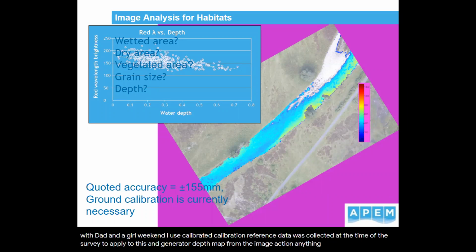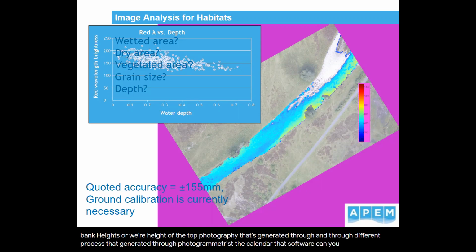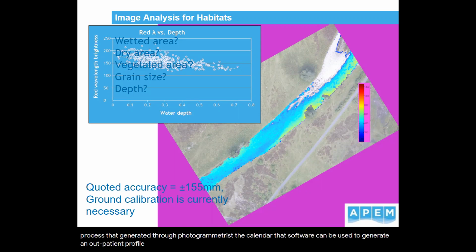Anything exposed, in terms of bank heights or weir heights or the topography, is generated through a different process. That's generated through photogrammetry, the overlapping imagery, stereo imaging that the software can use to generate an elevation profile. This is specifically for the submerged section of the rivers.